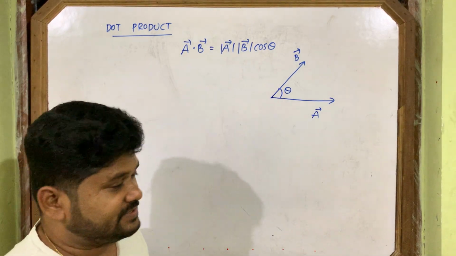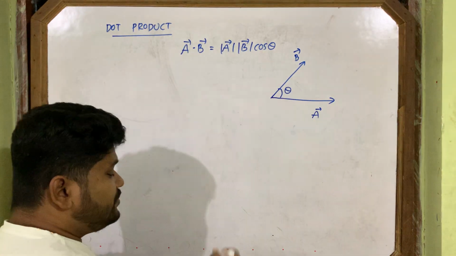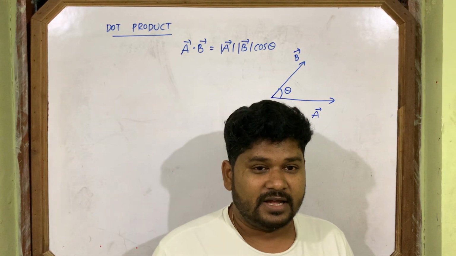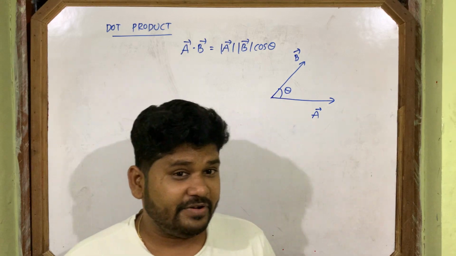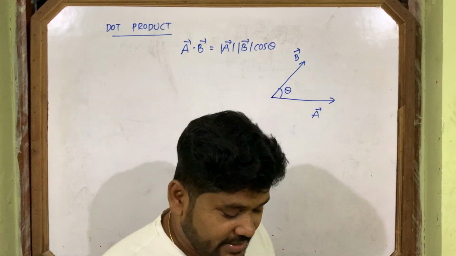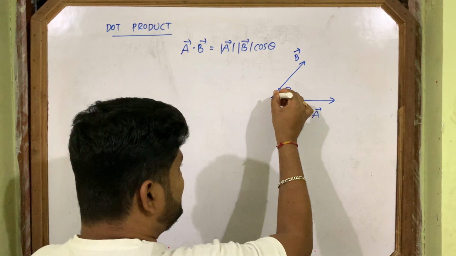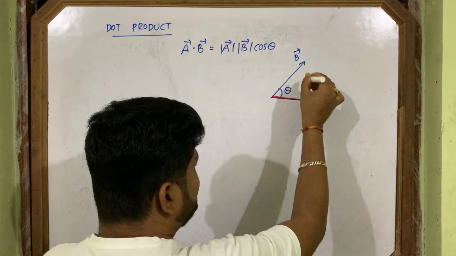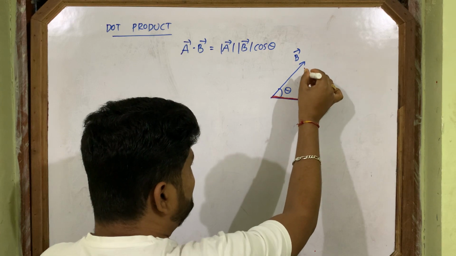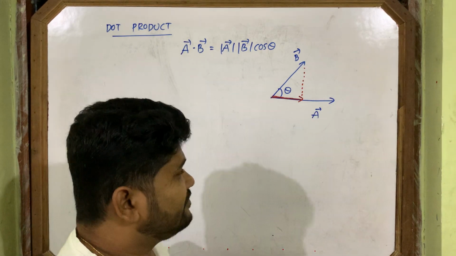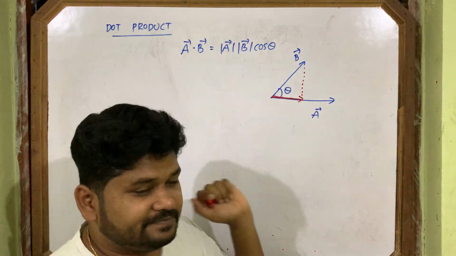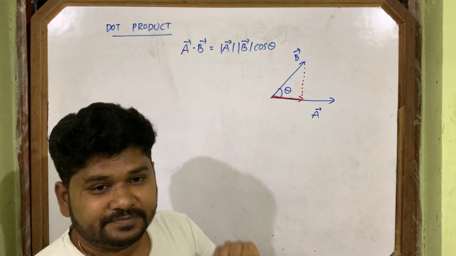Now let's discuss. If I tell you to find a component of B, I have told you about components in the previous lecture. If I tell you to find the component of B along this line, this is the component.